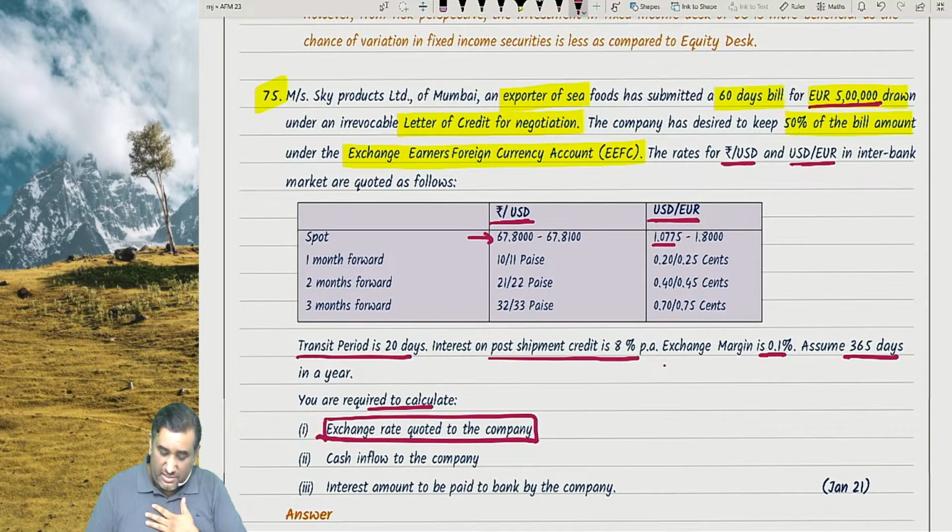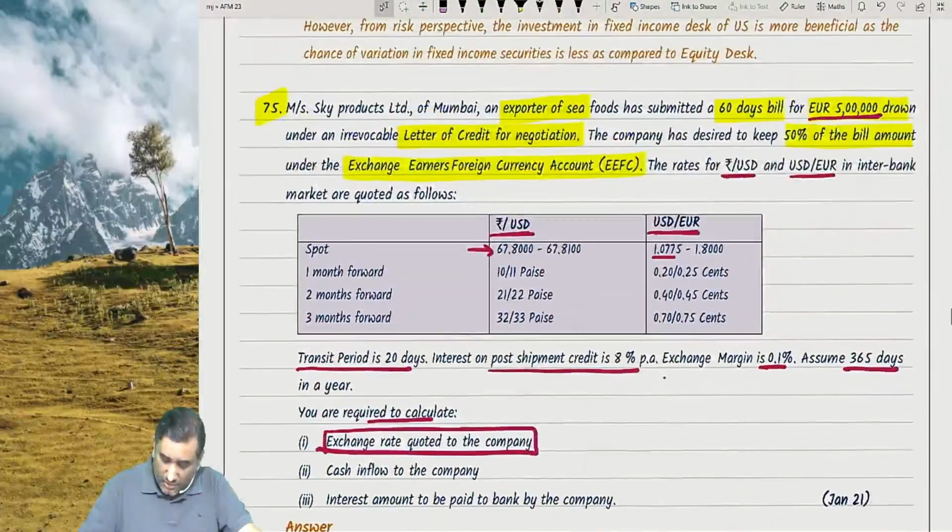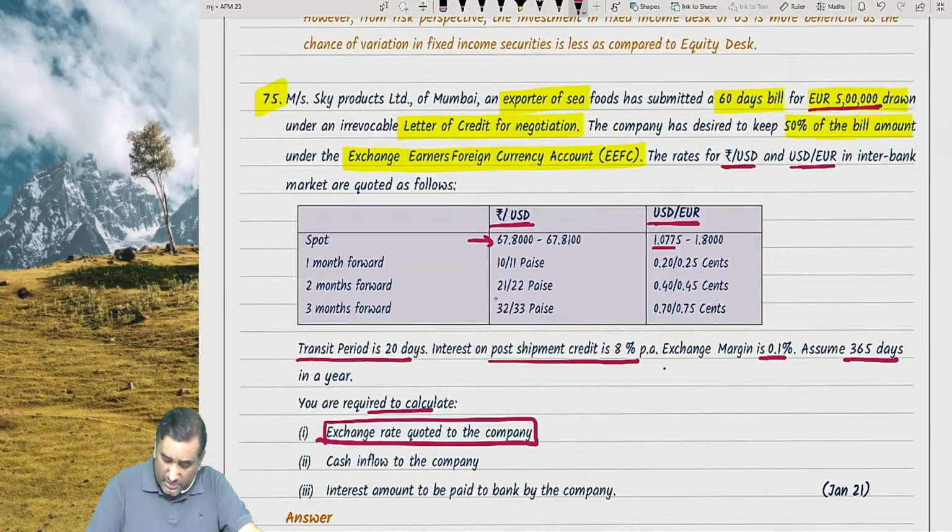It's not 60 plus 20, actually it is after shipment, time taken, so the time period will be approximately 80 days. Now where do 80 days fall? After 2 months and before 3 months.